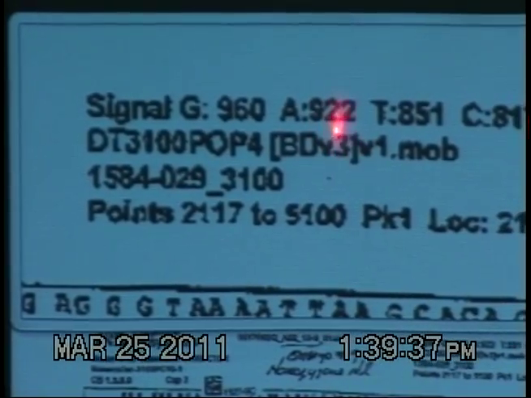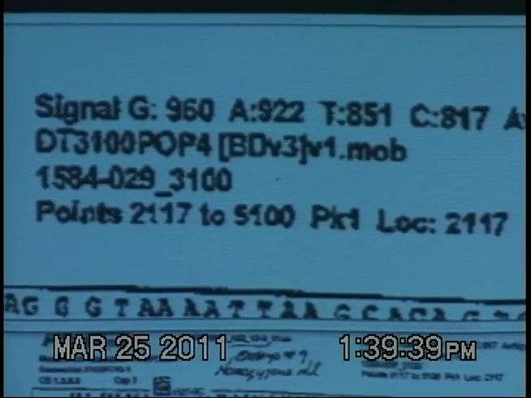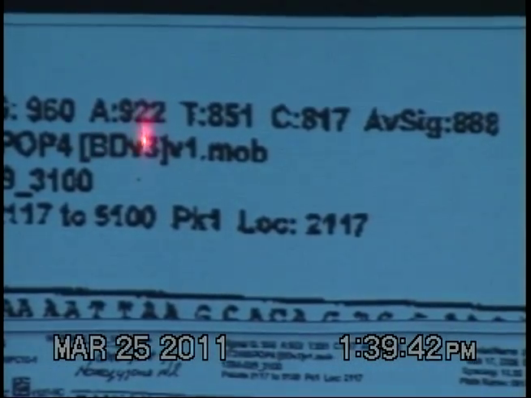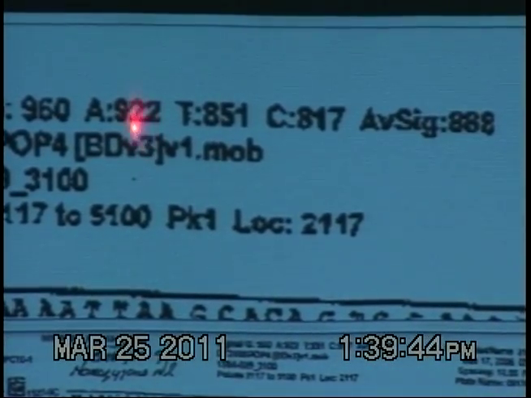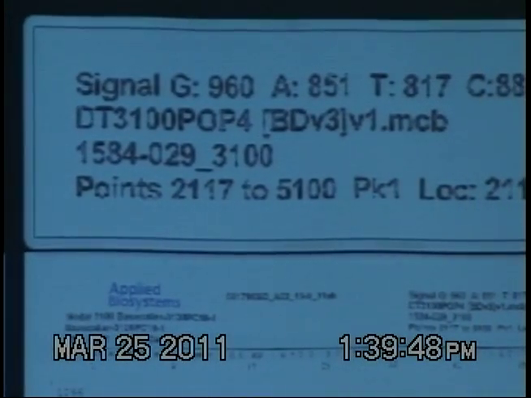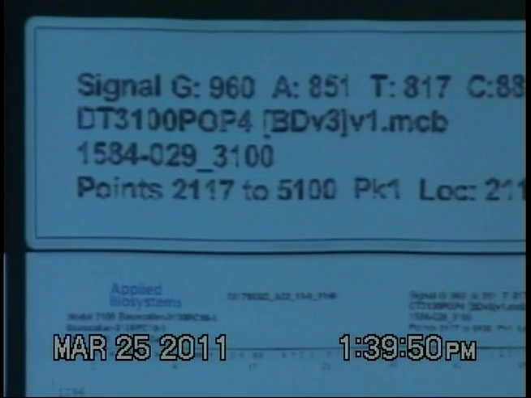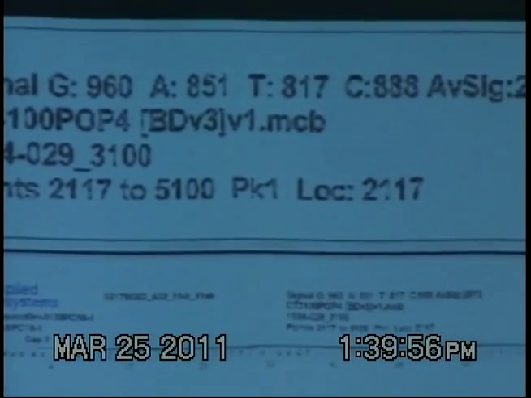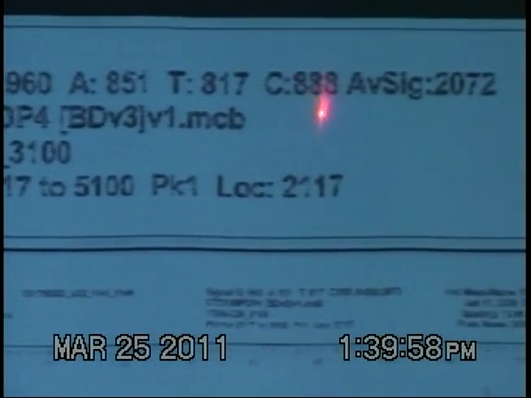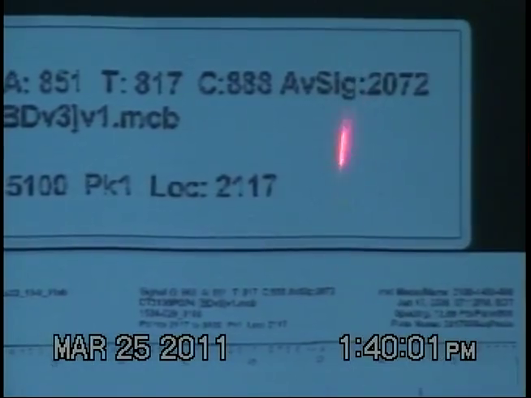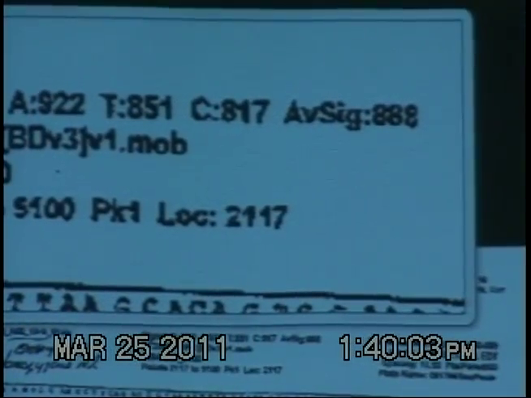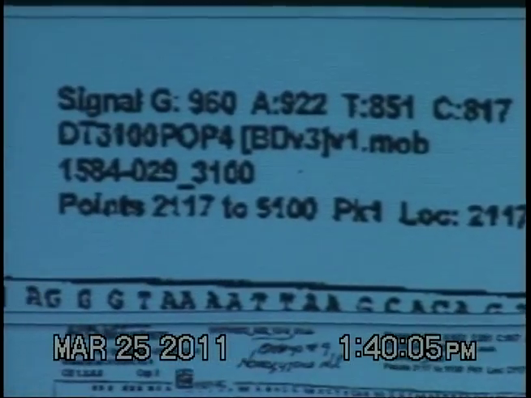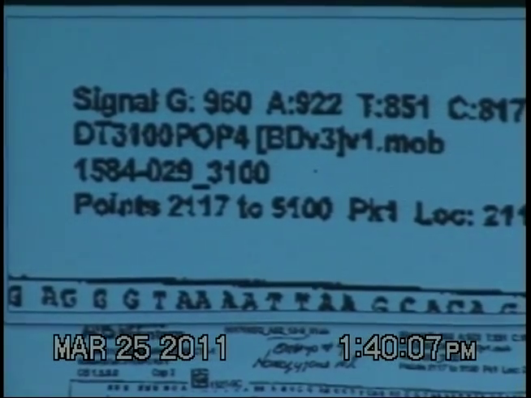Do you know why, this being the same, black and white to color, the T here becomes the A over here, the C here becomes the T over here, the average signal here becomes the C there, and then we've got this mysterious average signal added. Any possible idea as to how that happens?